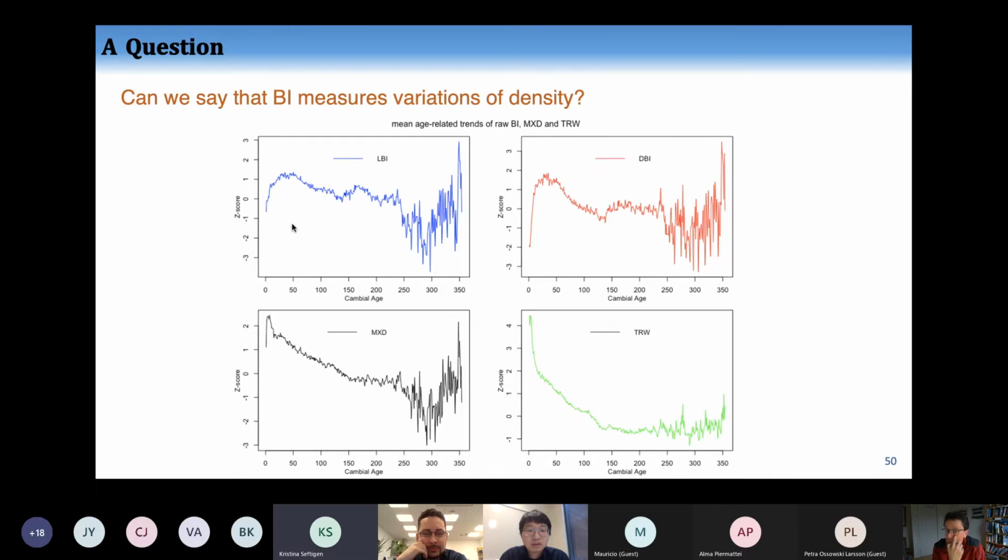For density or MXD, it usually looks more similar to what you see in the BI on top: a sharp increase and then a gentle bump with a gentle negative slope after that. The MXD looks almost like ring width here, which is very surprising to me. Not the typical MXD regional curve.